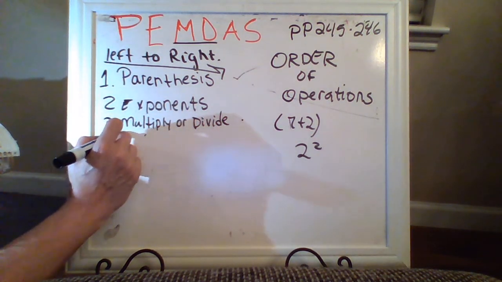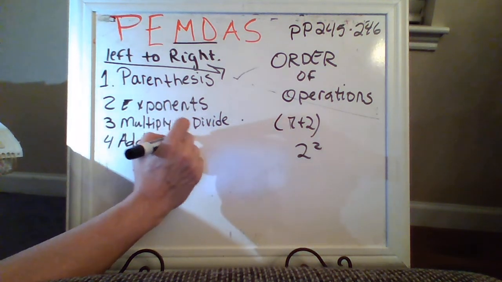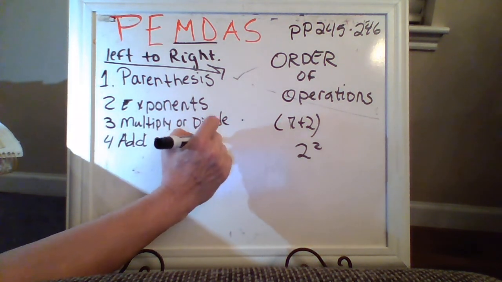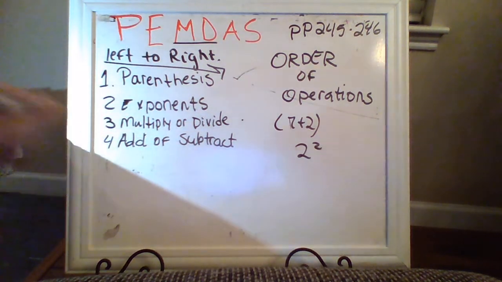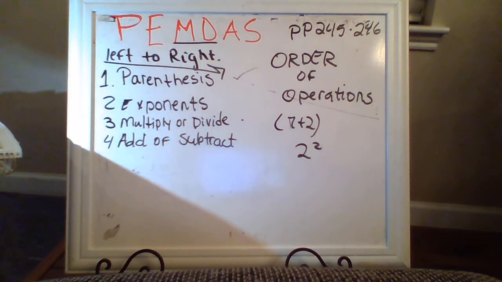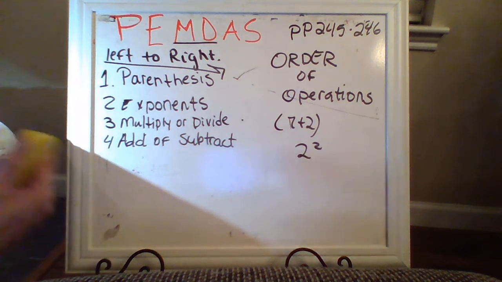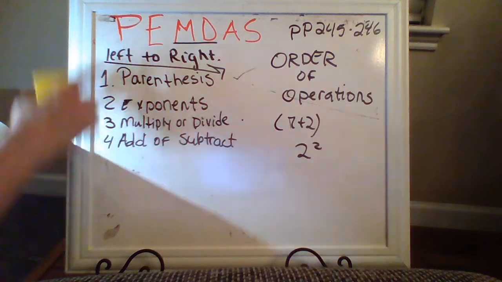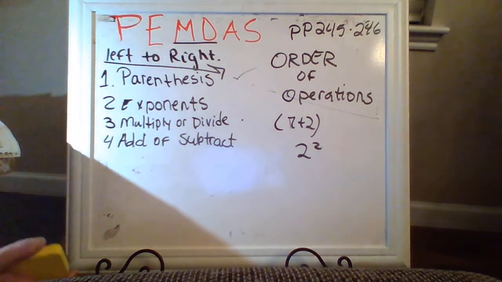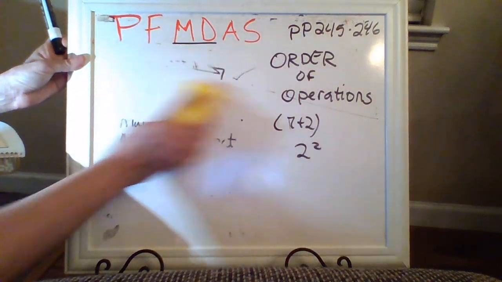And the last is add or subtract, whichever comes first from left to right. Please pause the video and write down these instructions and keep it as a reminder for the problems that you're going to be doing in the future. Or you can always go back and watch this video for the next week. But keep this order so that you can remember how to do the problems. And we're going to start with 1A when you come back.